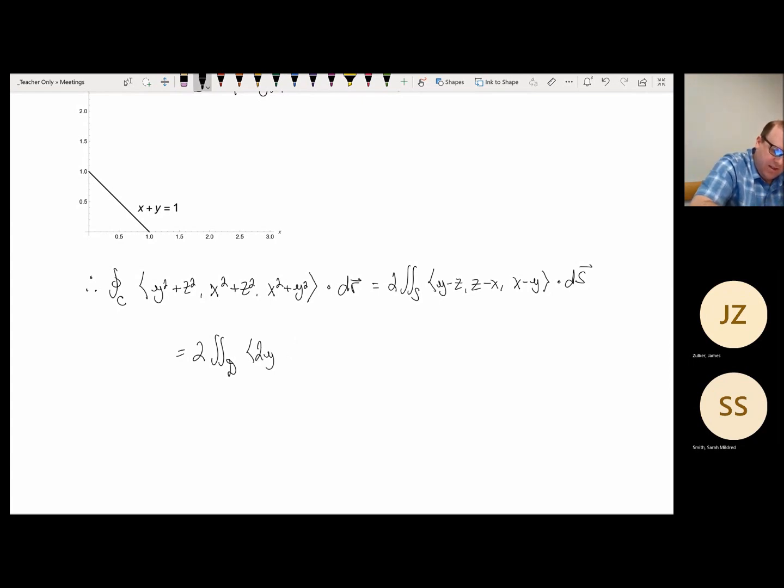So 2y plus x minus 1 for the first component, 1 minus 2x minus y for the second, and then just x minus y for the third. Dotted with the normal vector, dA.